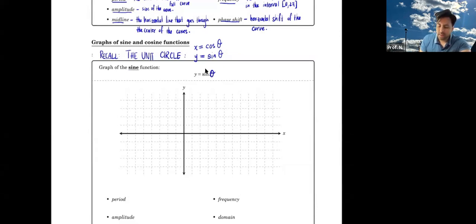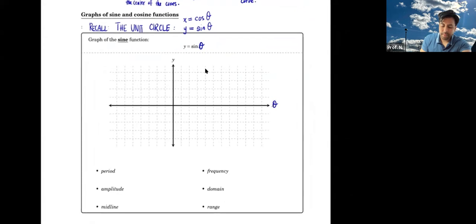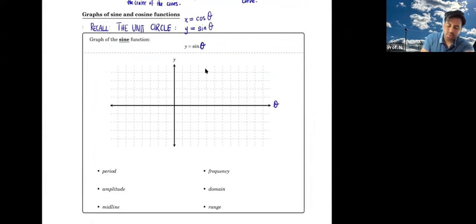So y equals sine theta. I'm going to call this theta for now, okay? Now, what do you guys remember about theta, about the angle, and the values of the angle when you plug in for sine? So let's go back. And of course, we're going to use radians, okay?